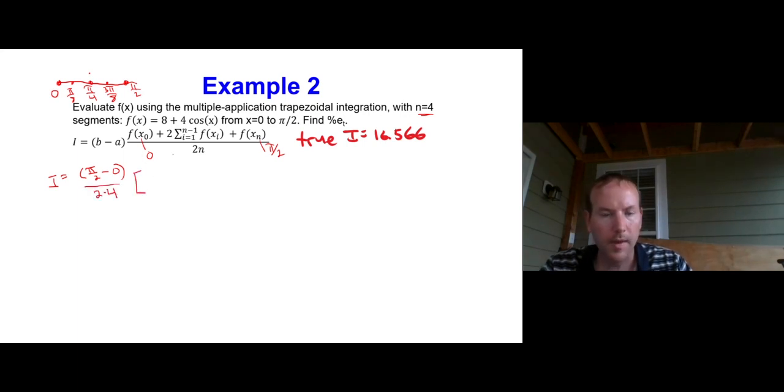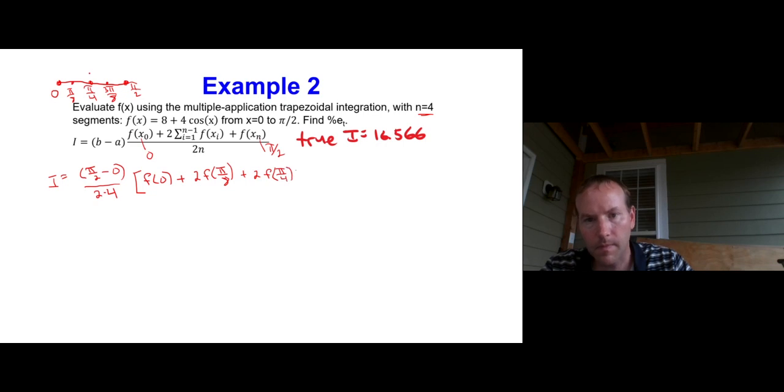Then for the first term we have f of 0, plus the coefficients are 2, so 2 times f of pi over 8, plus 2 times f of pi over 4, plus 2 times f of 3 pi over 8, plus f of pi over 2.